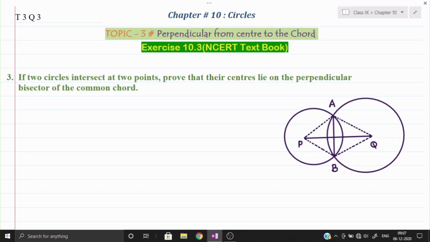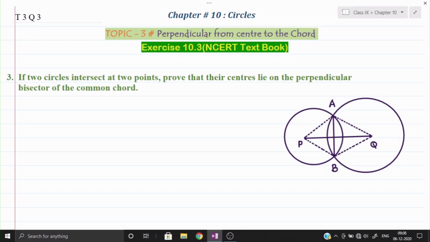So here we need to prove that the line PQ, since the centers lie already on the line PQ, we need to show only one thing, PQ is the only perpendicular bisector of chord AB. So we can say that the line joining the centers is the perpendicular bisector of chord AB.